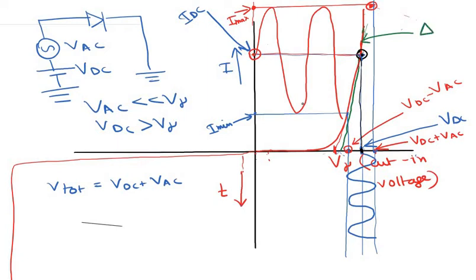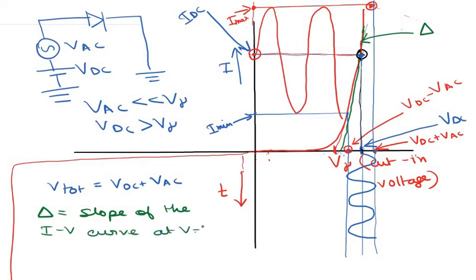So delta is the slope of the IV curve at V equal to VDC, and this is basically equal to dI/dV, del I del V at V equal to VDC.